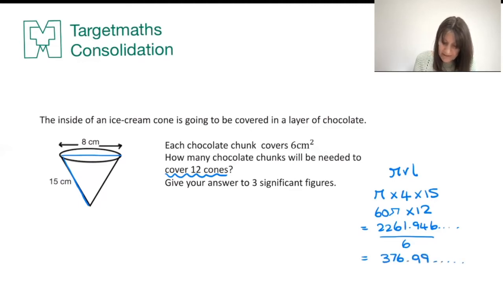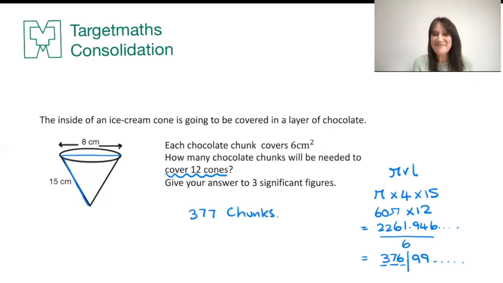The question is clearly saying 3 sig fig, so we're going to go 1, 2, 3, cut. The 9 will take that 6 to 7, so it's 377 chunks if I'm going to put my units in.